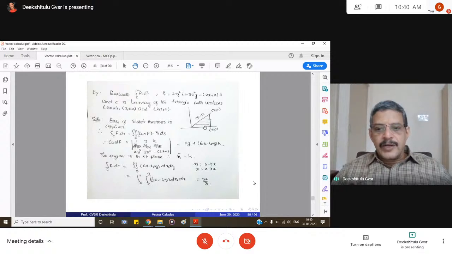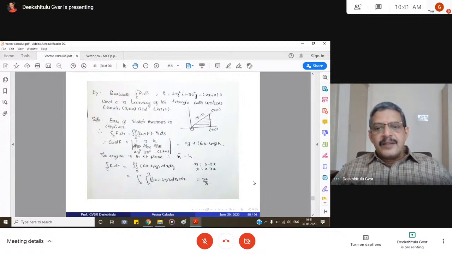Once you enter the region, you go ahead, but when you leave the region, you will be passing through the straight line y is equal to x. That means the exit is through any point on the line y is equal to x. So the limits of y are 0 to x.